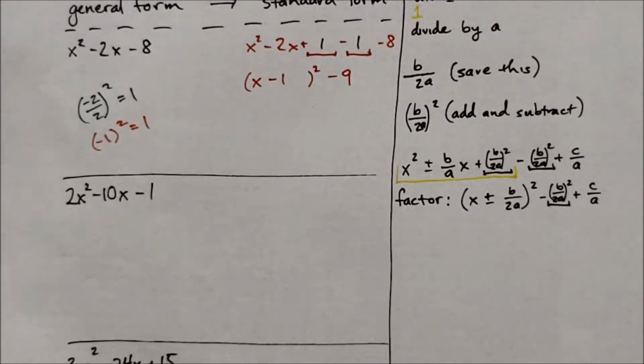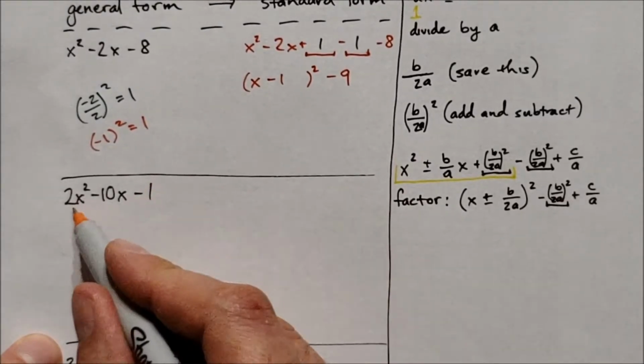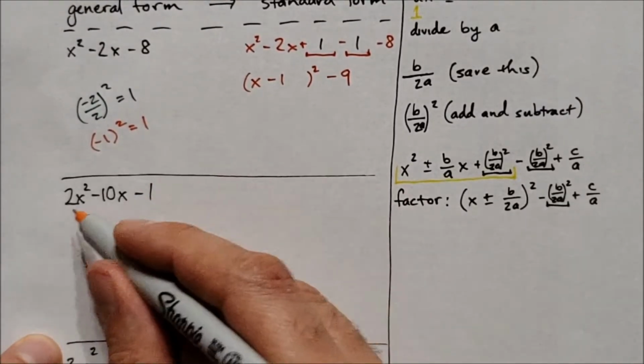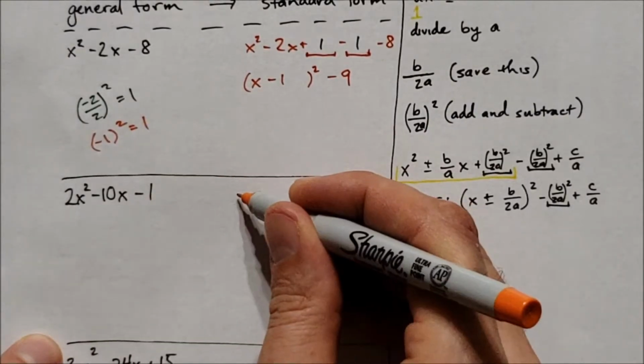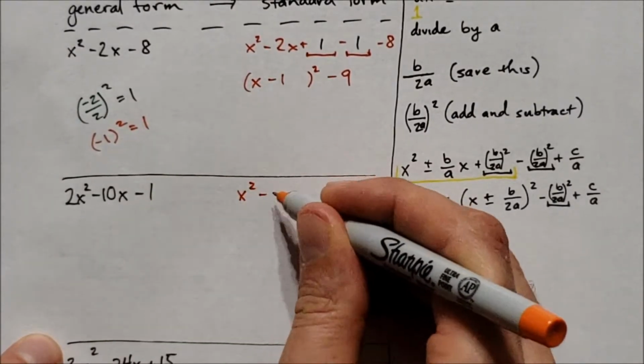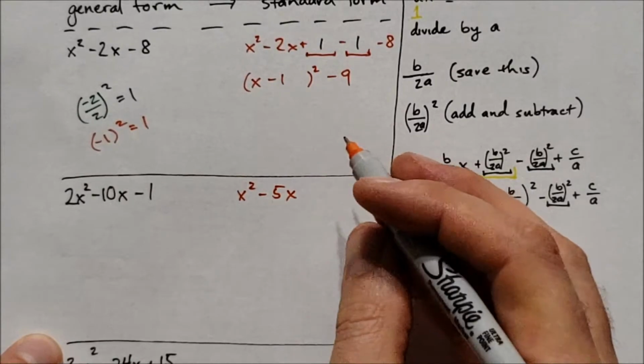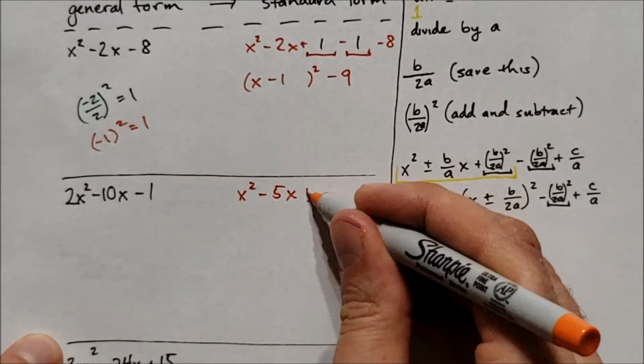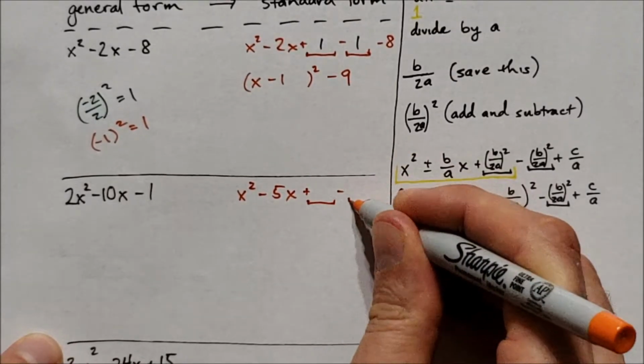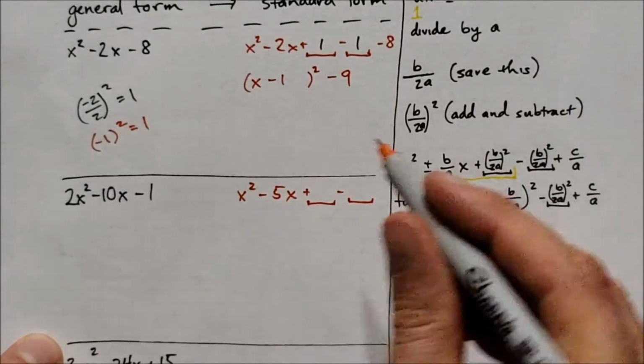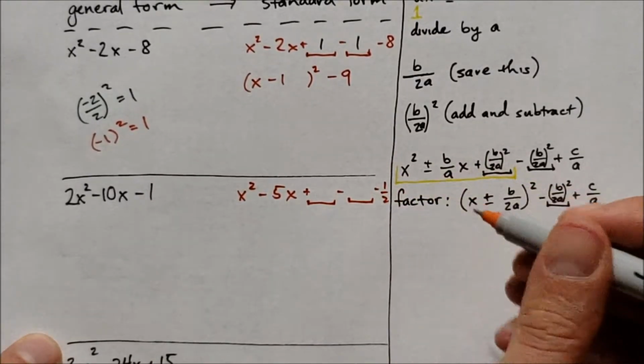You can still see the above example and the steps. We need to divide by 2. So dividing each one of the terms by 2 gives us x squared minus 5x. I'm going to leave a blank and a blank. Minus 1 divided by 2 is minus 1/2.